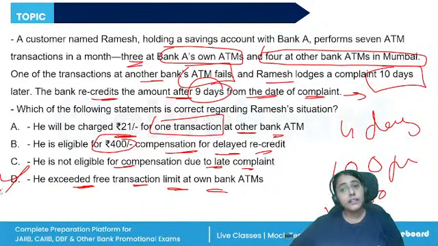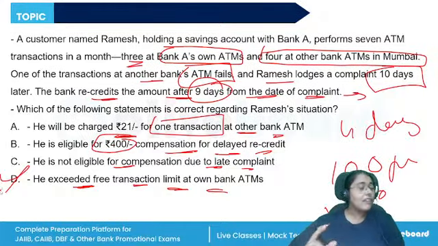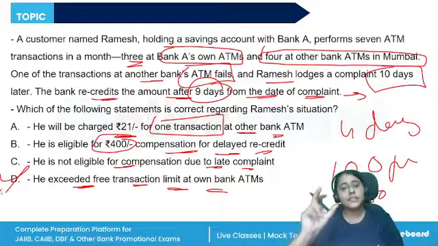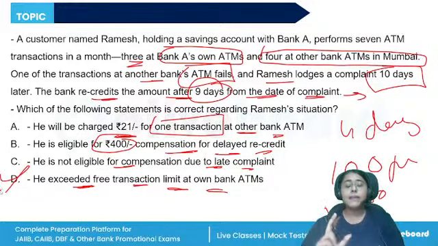Transaction at other banks' ATM: let's say I have an account in ABC Bank, but I'm using the card in the ATM of bank XYZ in a metro location: Mumbai, New Delhi, Chennai, Kolkata, Bangalore.